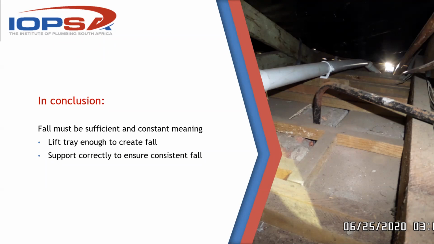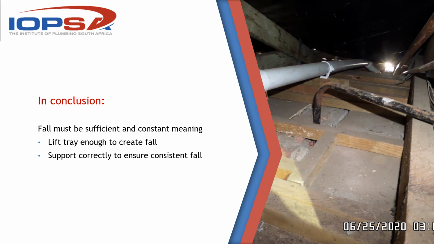Lift the tray enough to create a fall. What I mean by that is, how many times have you and I seen where a geyser gets replaced and you don't necessarily look at the relative height of the geyser drip tray versus where its outlet must be. If there's the eave over there, I know that's my invert level of the outlet.